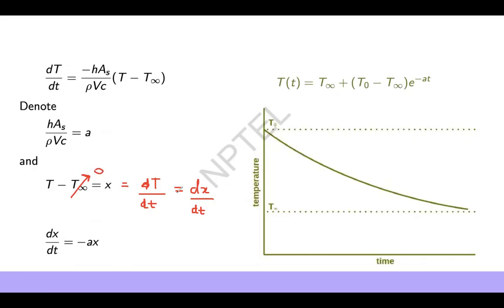Now you can equate this equation to here. Here this is equal to a and this is nothing but x. So now we will get dx by dt is equal to minus ax.